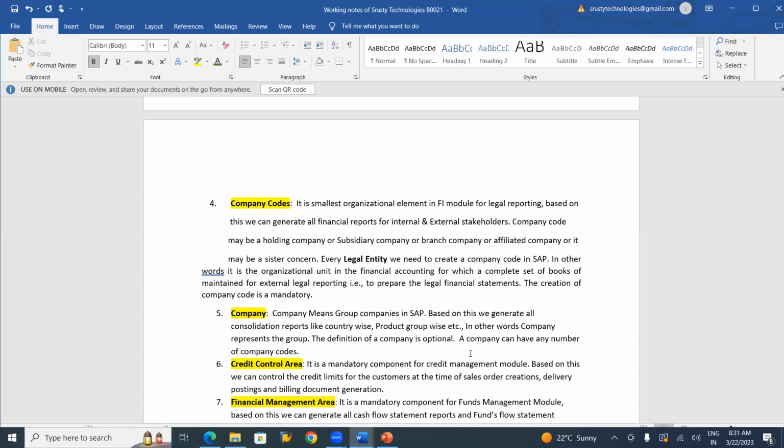Company code may be a holding company, or a subsidiary company, or branch company, or affiliated company, or it may be a sister concern.